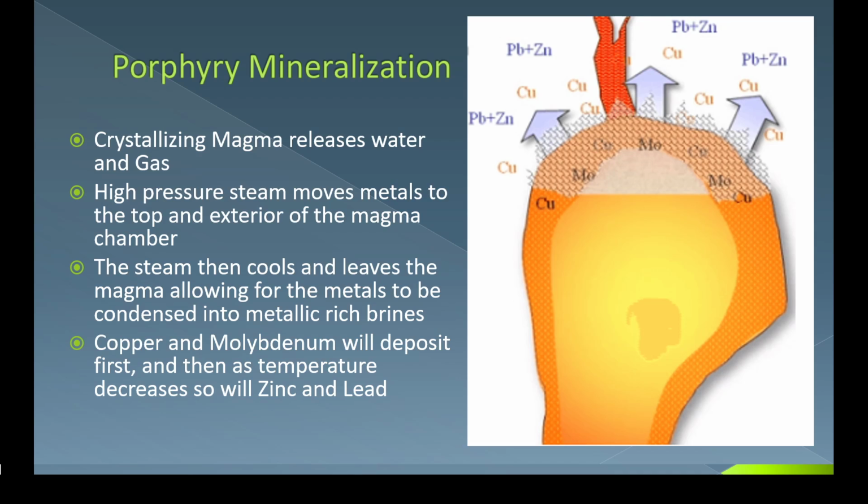Once the steam reaches an area where it is cooler, it cools and then allows for the metals to settle into these metallic rich brines. Primarily, you find copper and molybdenum deposited within the steam, although when the pressure decreases, or as temperature decreases, the steam will also carry zinc and lead.